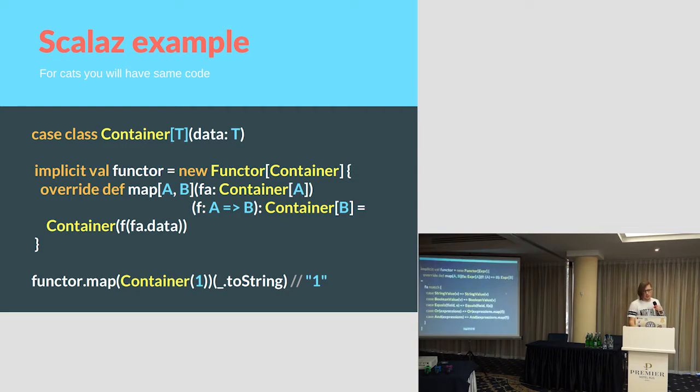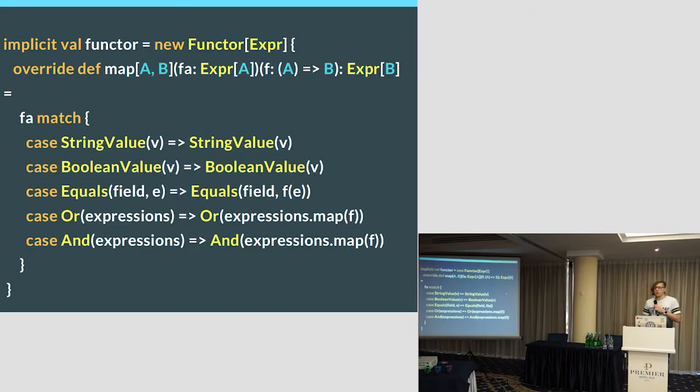So if we want to evaluate the functor expression, what we need to do is pattern matching on different variants, different products of our expression per product. In the case of value classes, there is nothing complicated. We just need to recreate it again to satisfy type rules, because before we had a string value of type A, now we want a string value of type B, so nothing can change it.